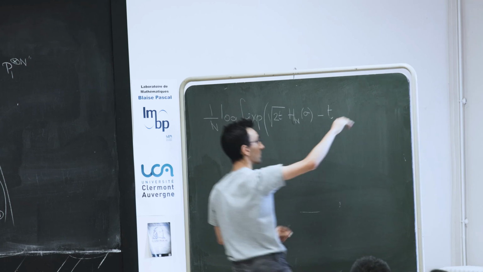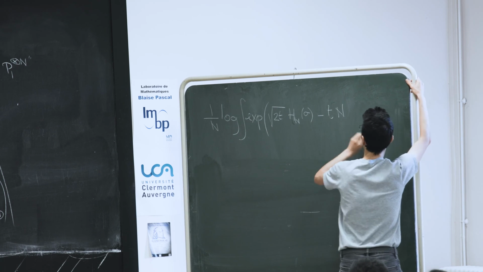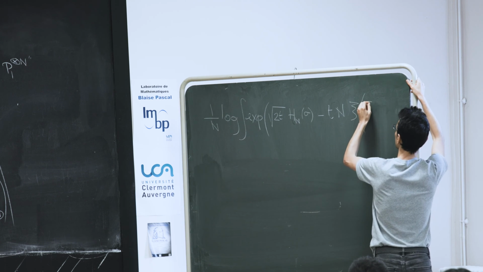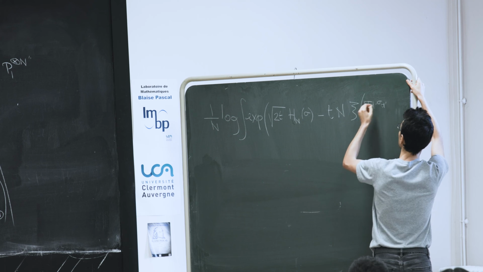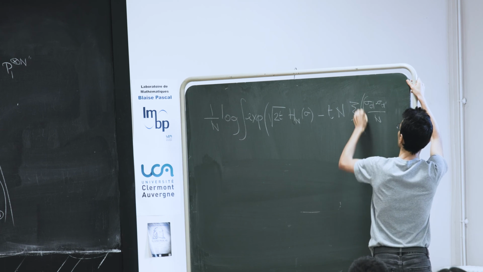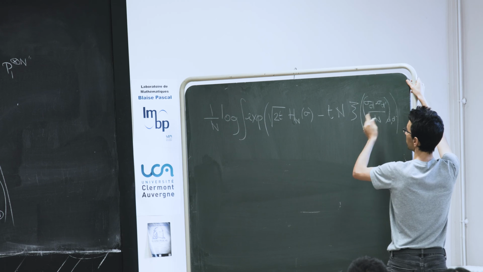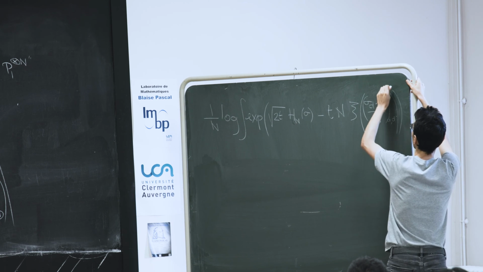So it's t times n of psi of sigma^d dot sigma^d prime over n, with respect to the prior measure.